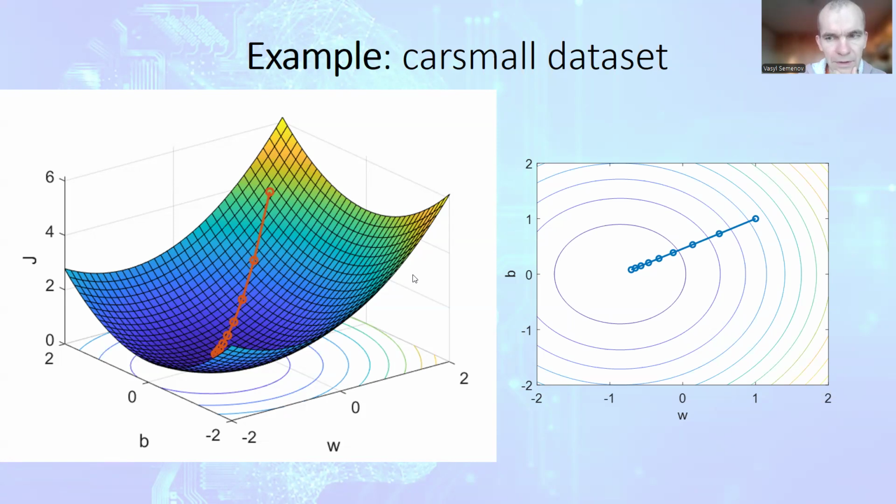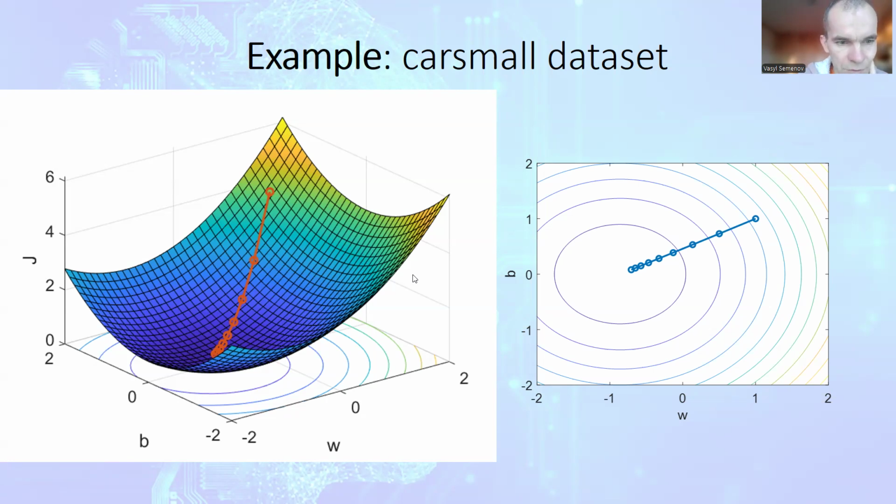What is instructive is to consider the influence of the learning rate. Here I consider the convergence of gradient descent for different values of the learning rate alpha: 0.005, 0.05, 0.5, 1, 2, and 2 plus a very small increase. We can see that when we take a very small alpha, gradient descent converges slowly.